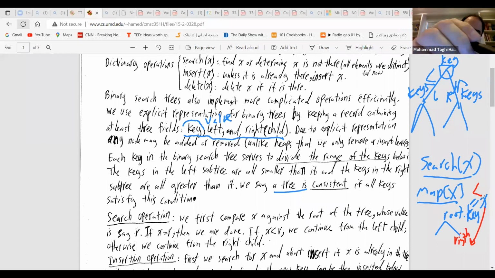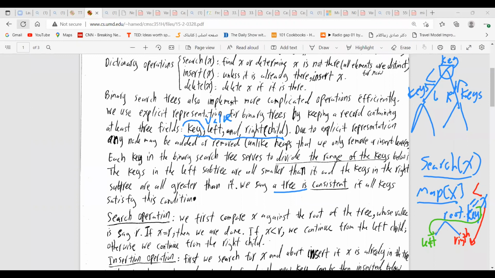If X is less than the key, then it means that you should come to the left child, and then you do this recursively. So if it is equal, you are done. If it is greater, you go to the right. And if it is less, you go to the left. Is the search operation clear? Yes. Good. So that's an easy one, essentially.